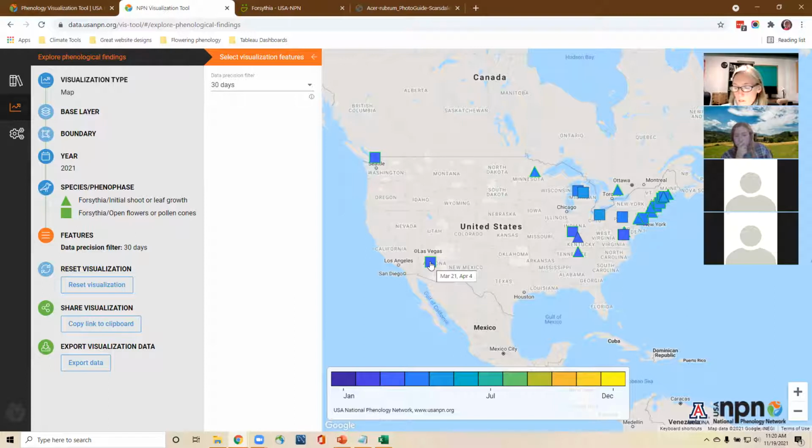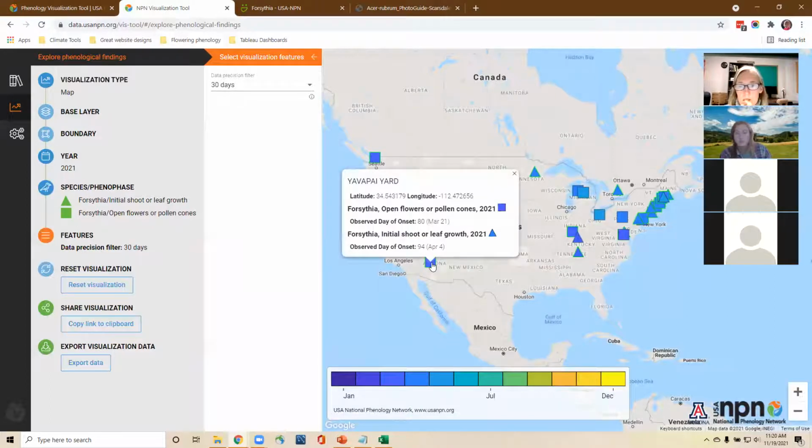The initial growth is a triangle and the open flowers is the square. If there's a little green outline, they reported both of those phenophases. If you click on it, you can get some more information. You can see the name of the site, the lat long, the 2 different phenophases, and the day that they were reported.